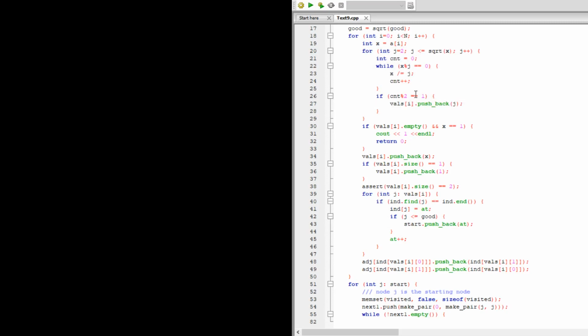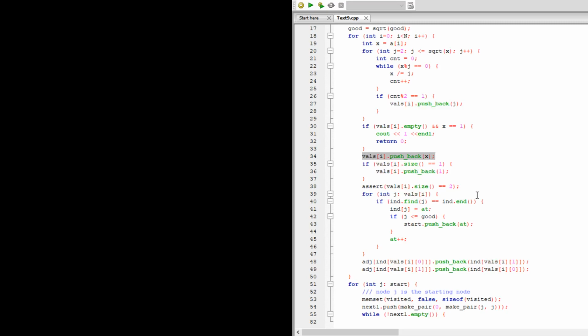Oh yeah, it's also okay that we're reducing x and still using square root of x, because it doesn't matter what x started out as. If x starts at like 50 and we divide it by 2, and x is 25, well then there has to be a factor less than or equal to 5. Doesn't matter what we started out as, because the same rule applies for the smaller x. Okay, so yeah, if we have a prime, we're left with a prime value of x.